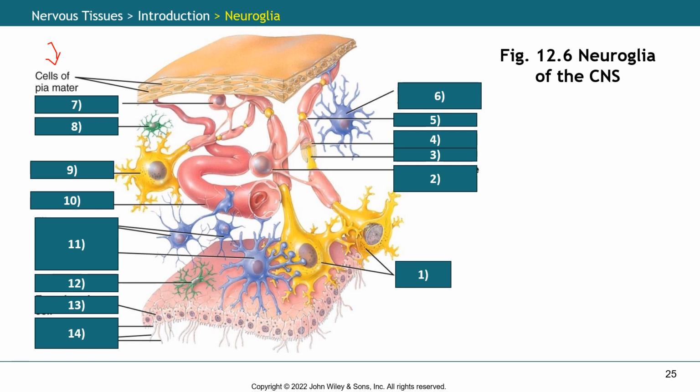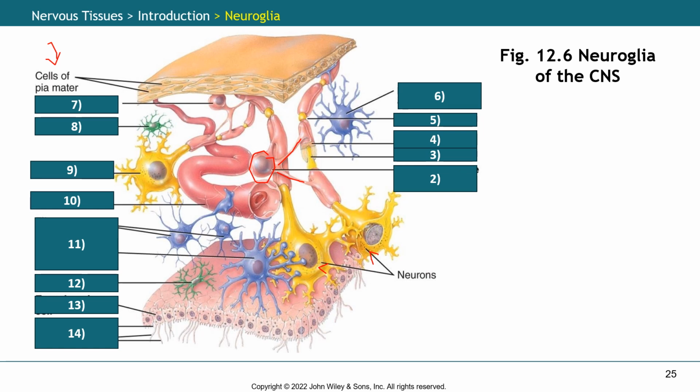So let's start with the first one. In the first one, you see these 2 yellow cell bodies. These are clearly neurons. In number 2, you see this very particular cell that is creating this myelin that is surrounding the neuron, but it's not attached to the cell.